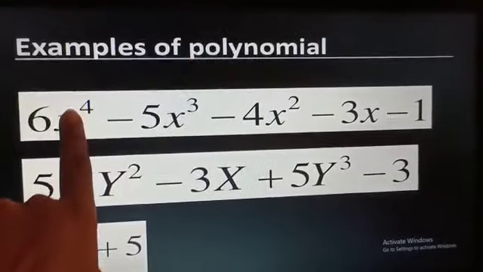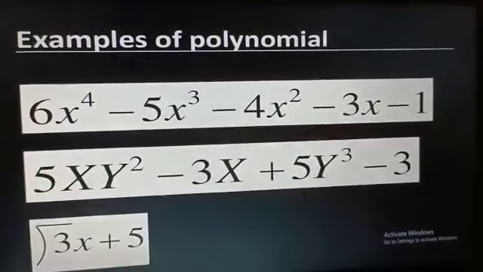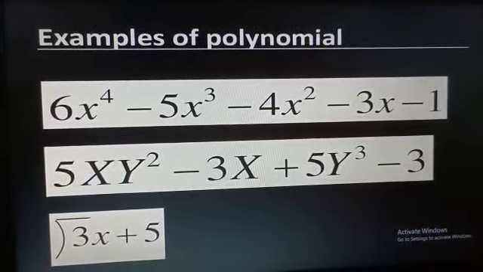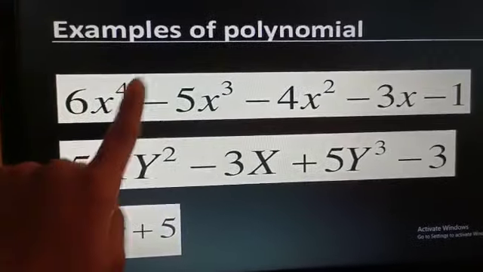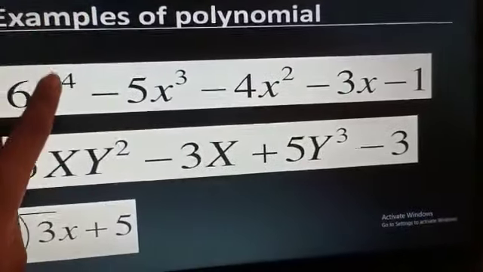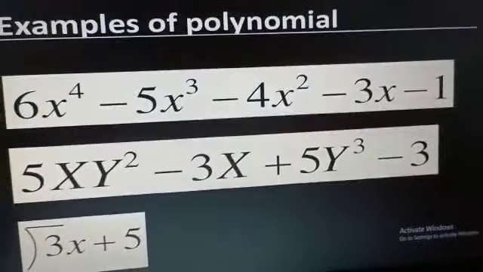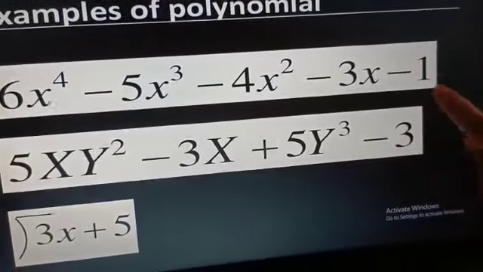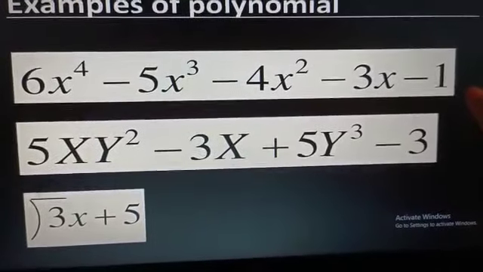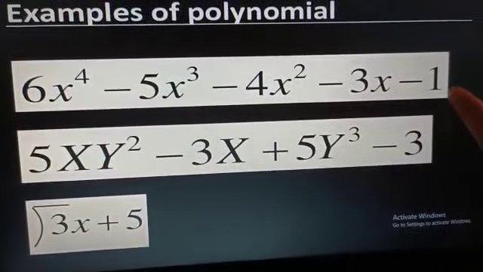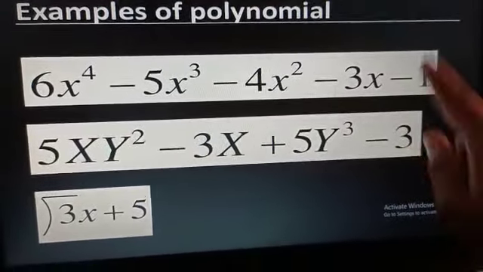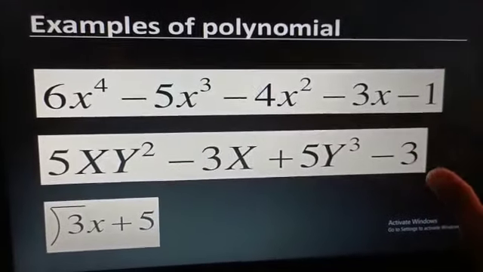So whenever we are arranging polynomials, the powers of the variable should always be in descending order: 4, 3, 2, 1, 0. In the last term, you will always put the constant. Constant means there is no variable with it. It is x to the power 0. Here also no variable. So always the constant term will be last.